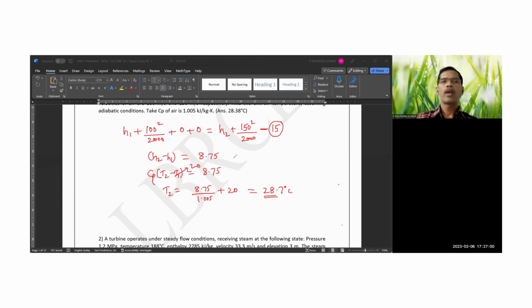The student has to calculate by applying the steady flow energy equation and know the terminologies. Enthalpy is a function of temperature, so relating to that you need to find the enthalpy. So this is the answer. Next, going to another problem.